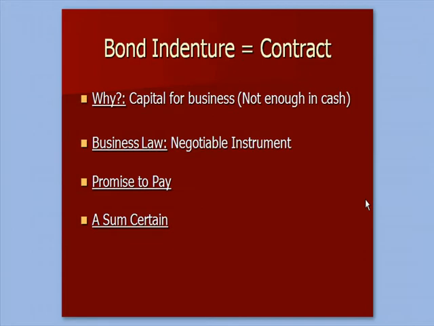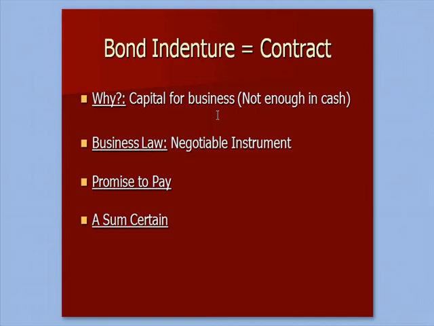We're going to talk about one aspect of long-term debt, and it's a bond indenture, and an indenture is another name for a contract. You own a business and you don't have enough cash in your business to expand, operate, whatever the need might be. So you're going to get some capital for your business. And as I've always said, there's two ways you can raise money to run your business.